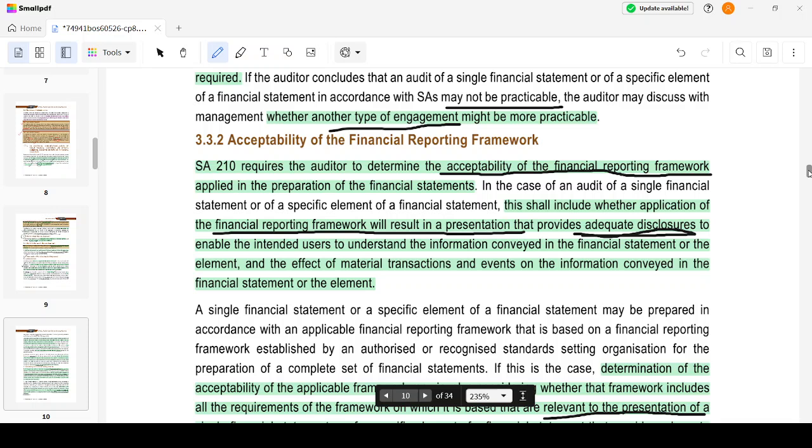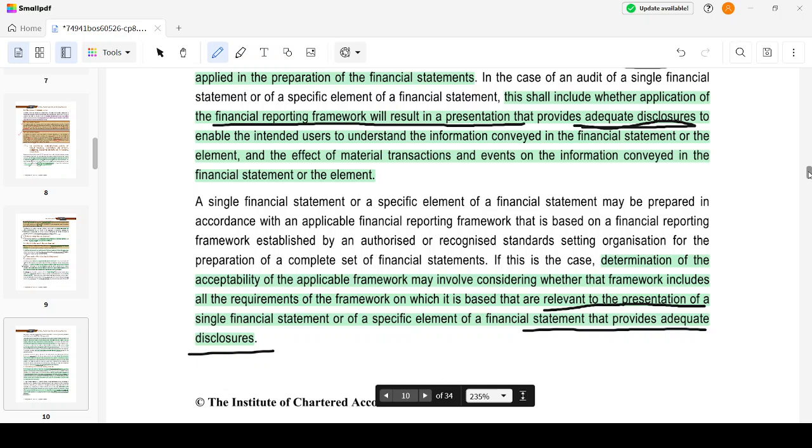All those material transactions. Then a single financial statement may be prepared in accordance with the applicable financial reporting framework which was given for the complete set of financial statements. Okay, there's no particular framework which is given for the particular single financial statement. So I'm applying the framework of the complete financial statement. Then the auditor should check and determine whether all the presentation and disclosure requirements which have been given in the complete set of financial statements that are relevant to the single financial statement have been complied with.